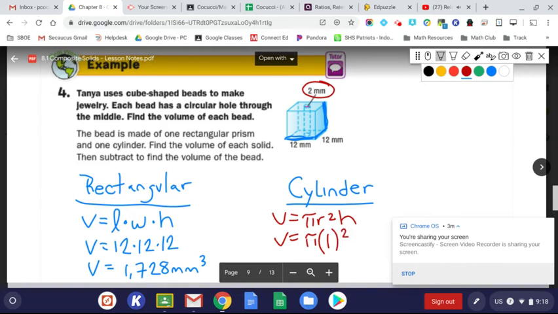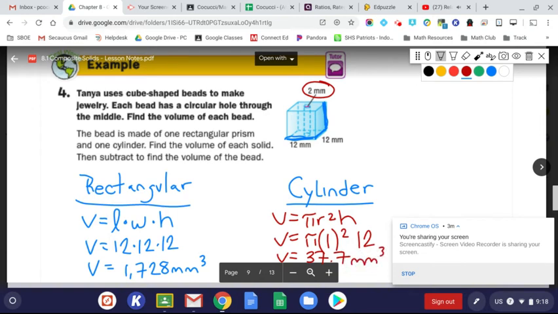So 1 squared times the height, which we said is 12. Let's simplify: pi times 1 squared, which is 1, times pi, and then pi times 12 gives us an answer of 37.7. And again, that's millimeters cubed.